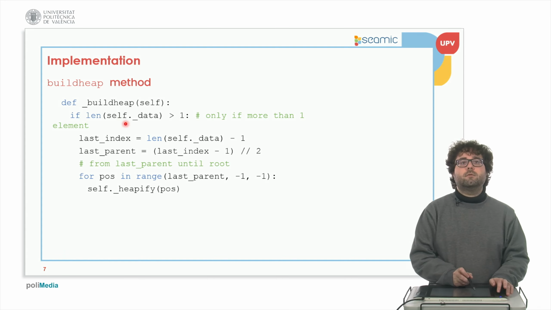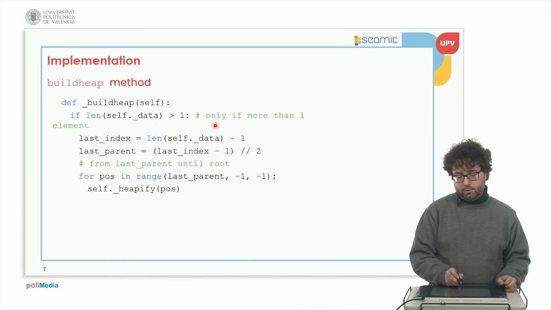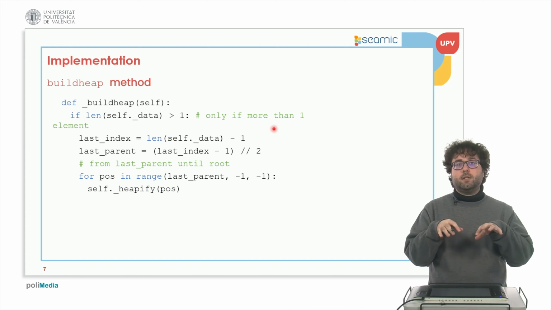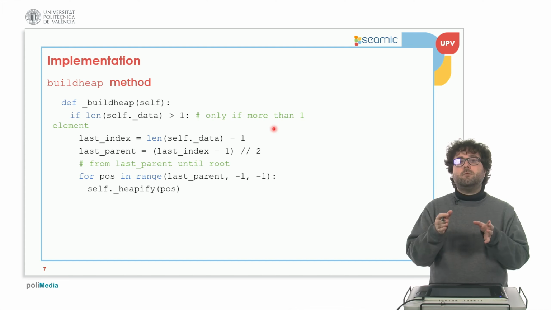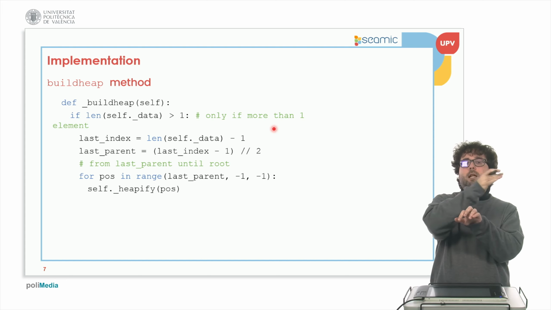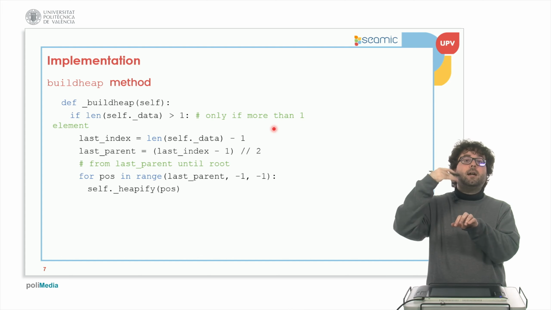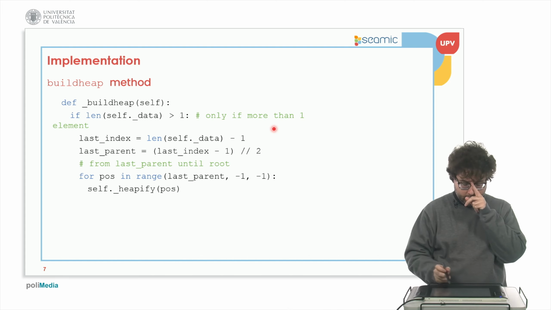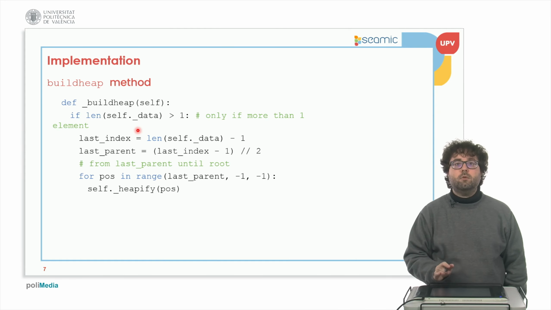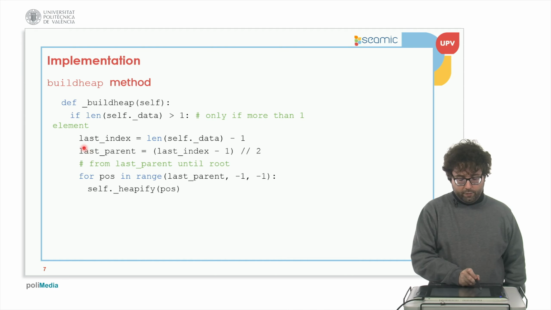Of course, we will do this only if there's more than one value. Remember, when building a heap, leaves are already heaps, and what we need to find is the first element that is not a leaf, and from that position go backwards level by level until the root, and heapify from that position.